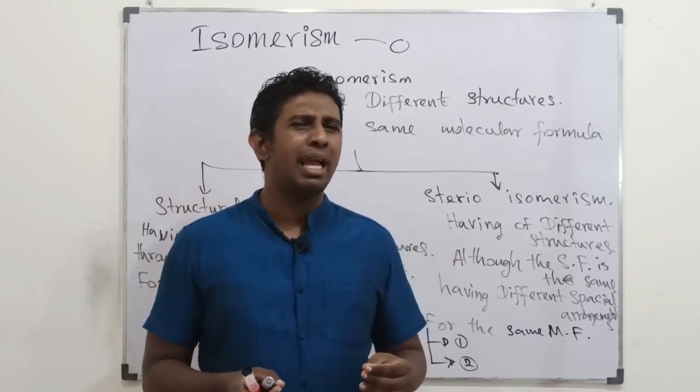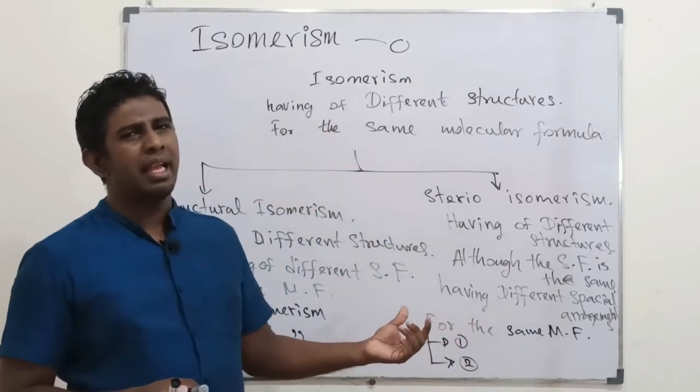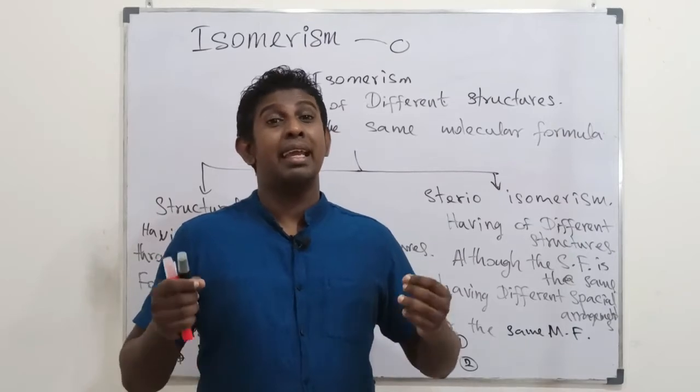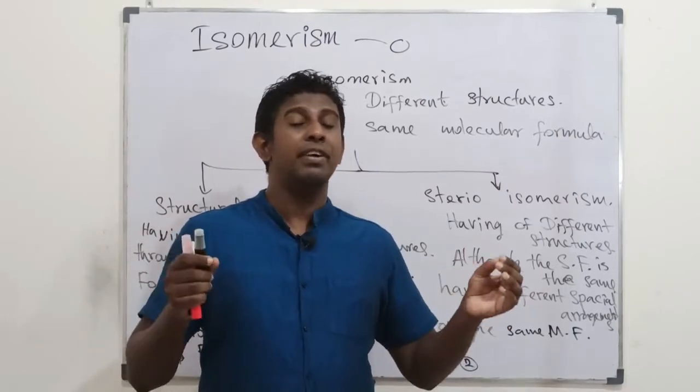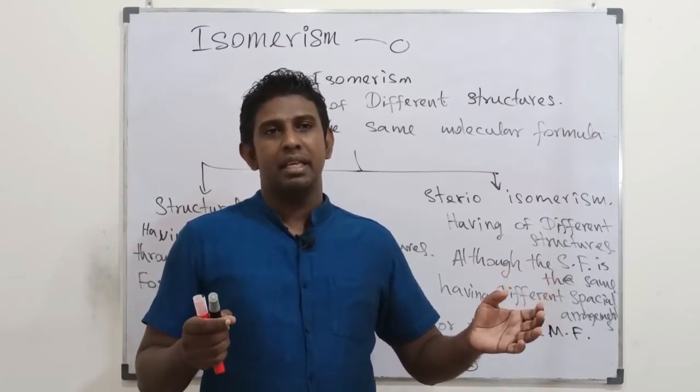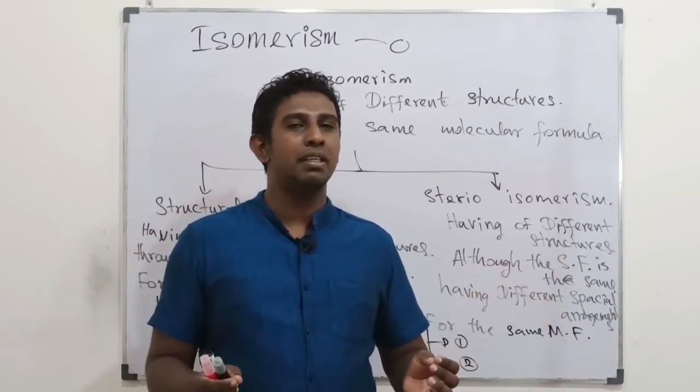It happens when you have a carbon-carbon double bond, and the arrangement of other groups is different from one to another, giving different spatial arrangements.